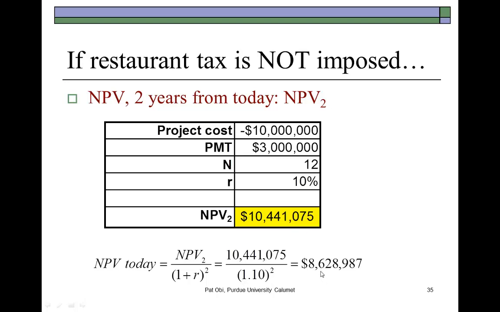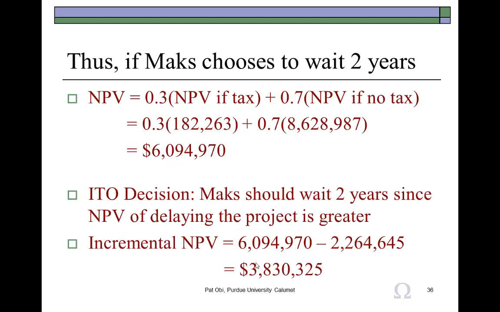So to spice up this story here, we are assuming that there's a 30% chance that the tax will be imposed, and therefore the odds are 7 out of 10 that the tax will not be imposed. So the weighted average net present value would become $6 million and change, which is 0.3 times the NPV if tax is imposed plus 0.7 times the NPV if tax is not imposed. So with that, this is the weighted average NPV.